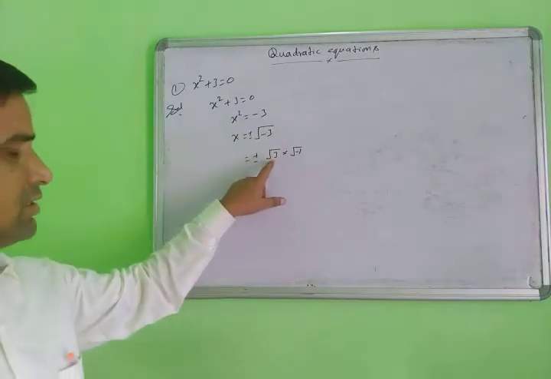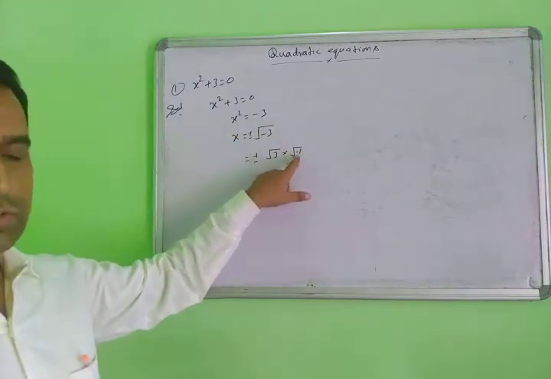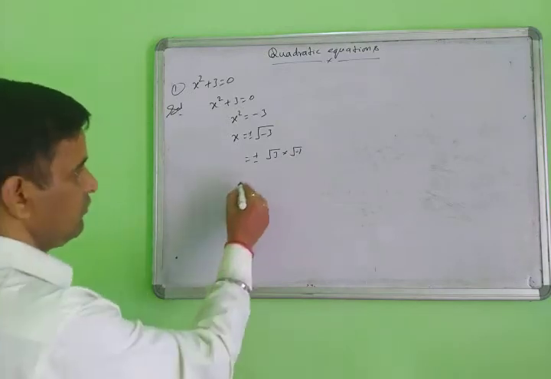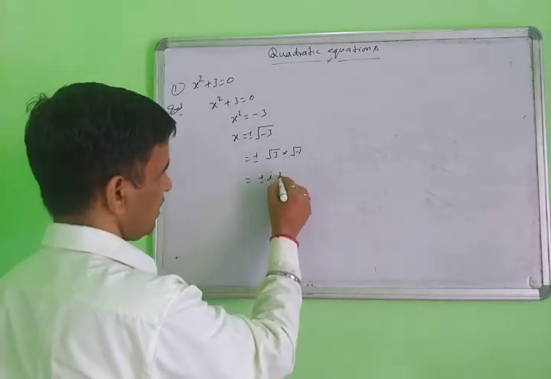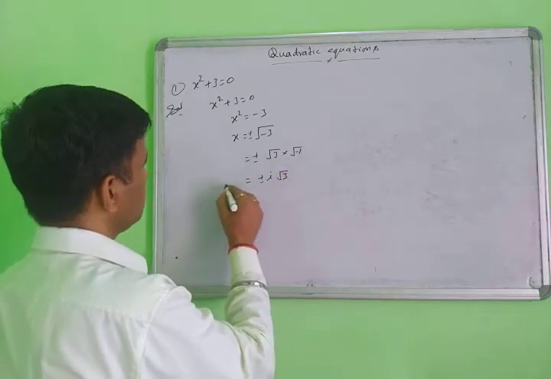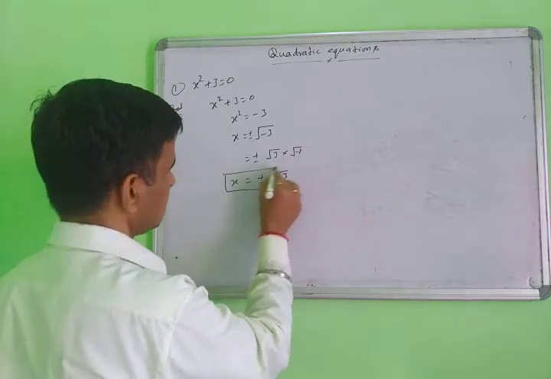Minus 3 you can write in two forms, root 3 and root of minus 1. The value of root of minus 1 is called iota, so x is plus minus iota root 3.